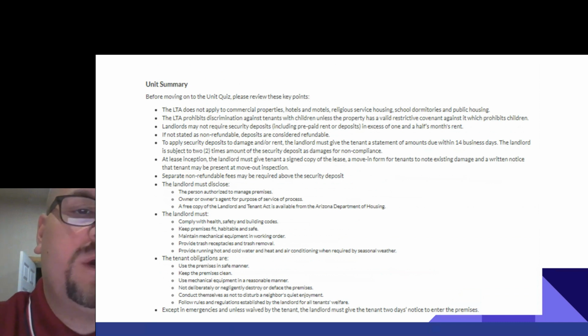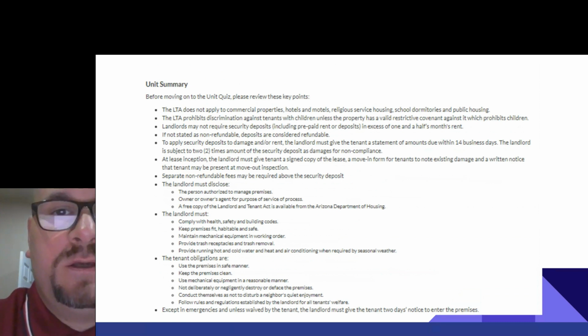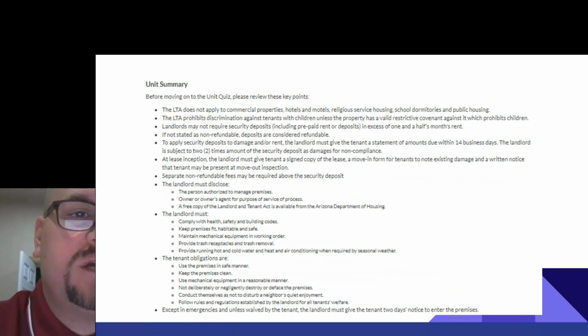Landlords may not require security deposits, including prepaid rent or deposits, in excess of 1.5 months' rent. If not stated as non-refundable, deposits are considered refundable. So again, if not stated as non-refundable, deposits are considered refundable.